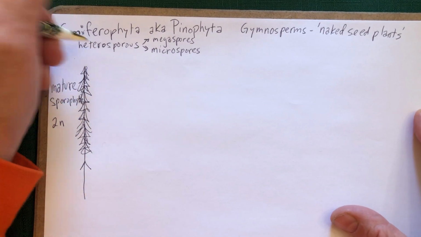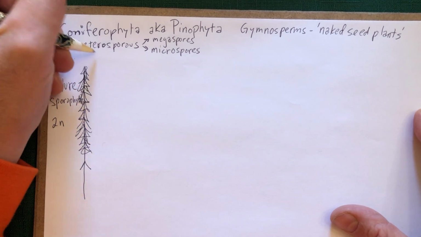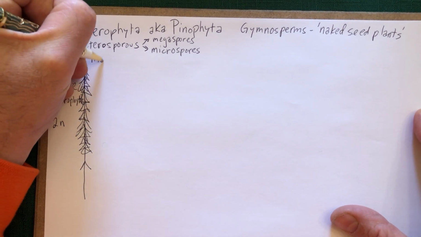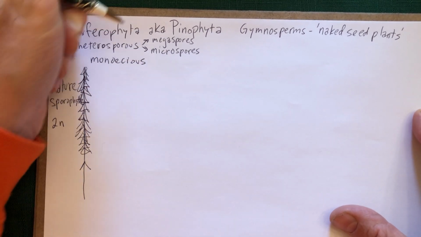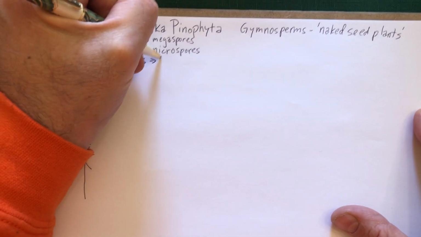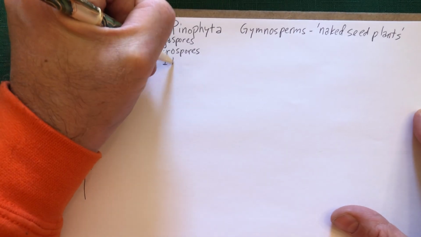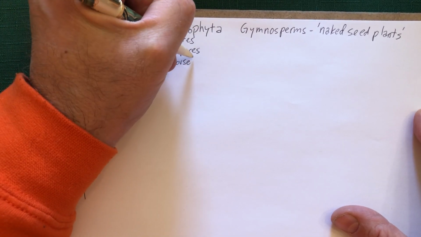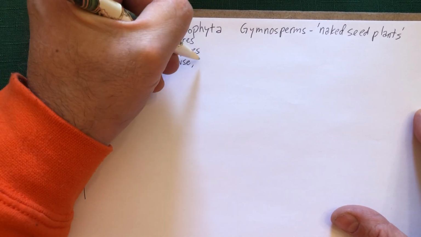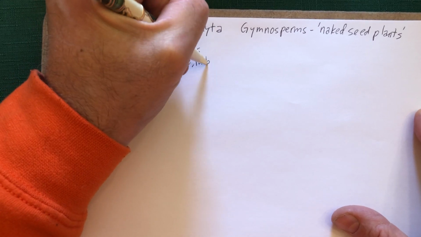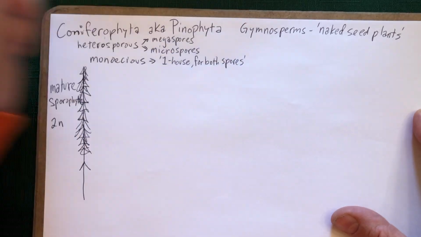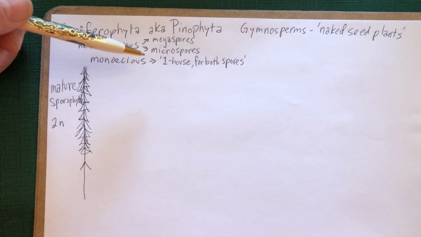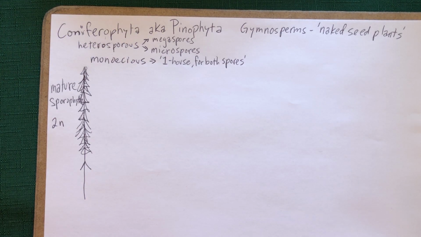So in the case of our pine trees, they are also monoecious, which literally means one house, meaning that there's one house for both spores. So the megaspores and the microspores are produced on the same plant.